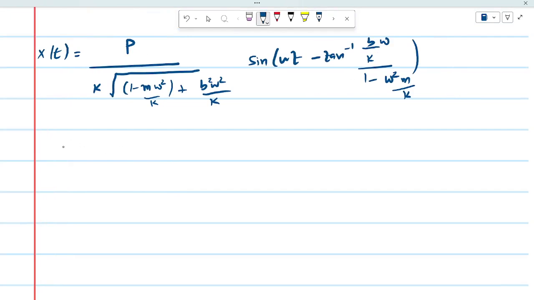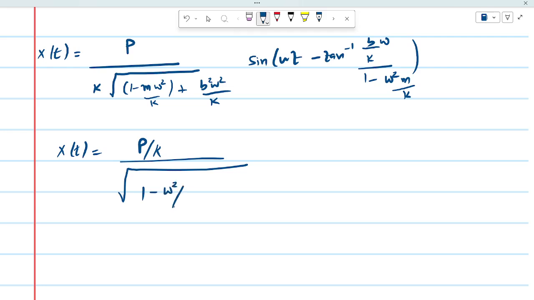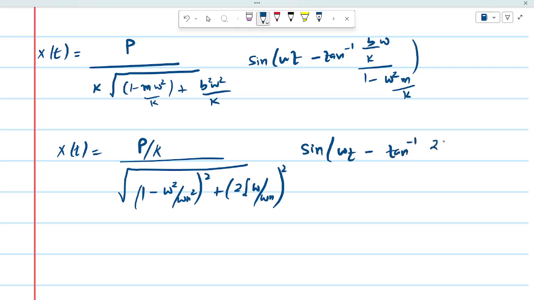It will become x of t equal to p over k, under root of (1 minus omega square over omega n square) square plus (2 into damping ratio into omega over omega n) square, into sine of omega t minus tangent inverse of 2 into damping ratio omega over omega n divided by 1 minus omega square over omega n square.